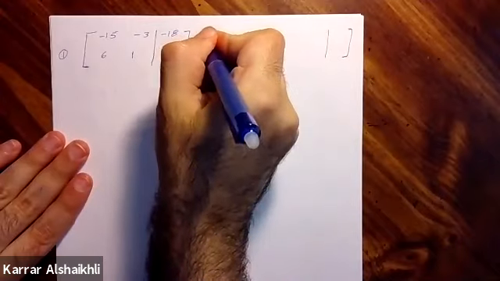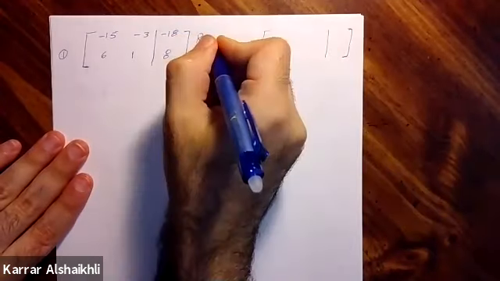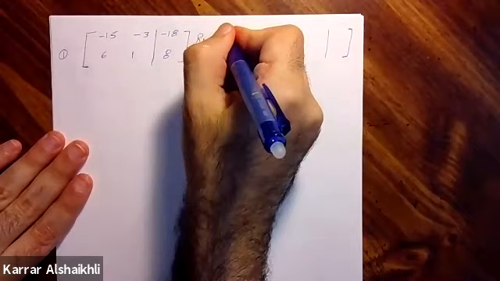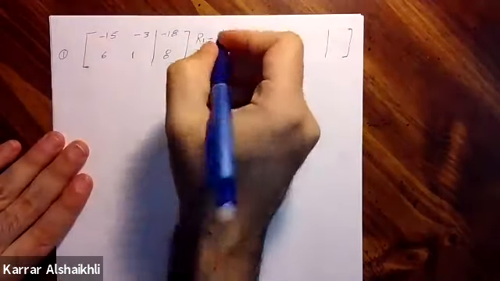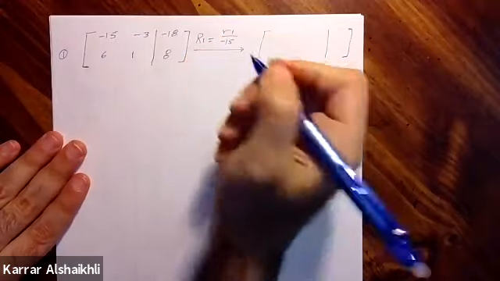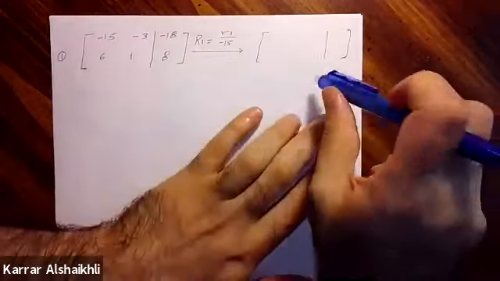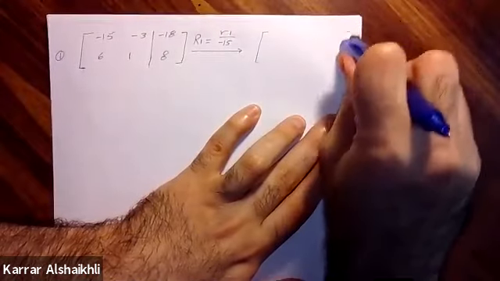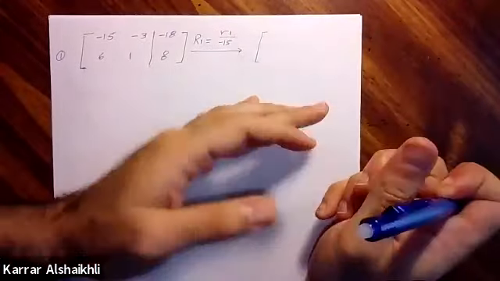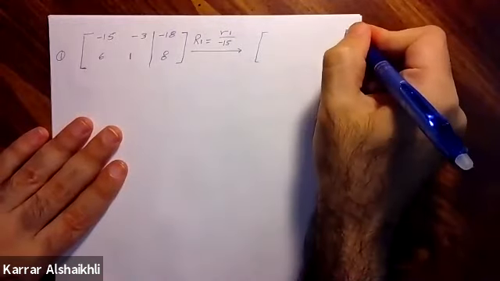So the rule, I'm going to get a new R1. How am I going to get a new R1? By dividing the old one by the first number here, which is -15. You're going to get a lot of fractions here. That's why I chose this matrix, so you're not going to have a problem when it's a fraction.